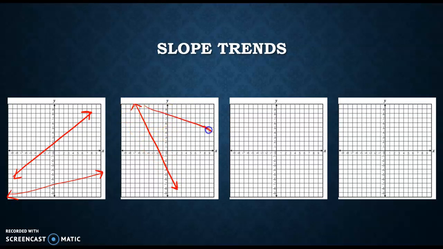It can be almost flat, but not quite flat. This is a positive slope. This is a negative slope. Now, knowing this helps you double check yourself, because if you're finding the slope from a graph, then the visual itself should tell you whether your slope is positive or negative.